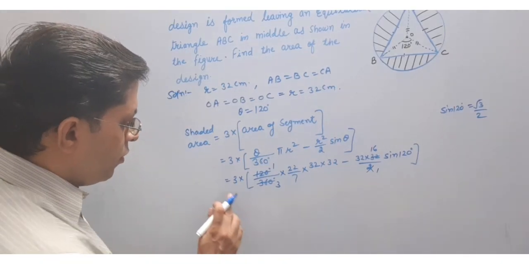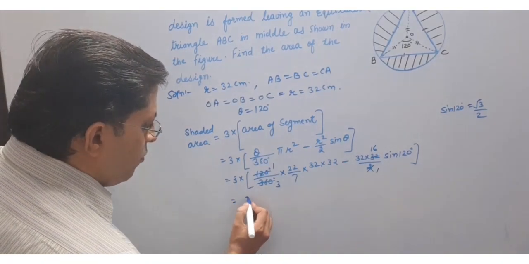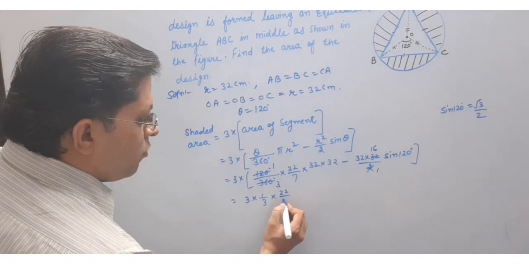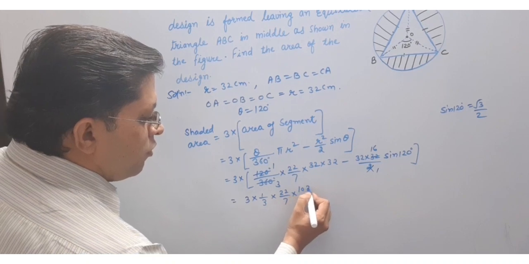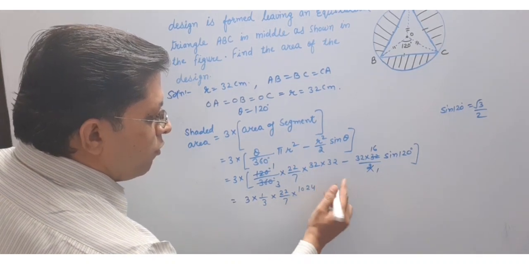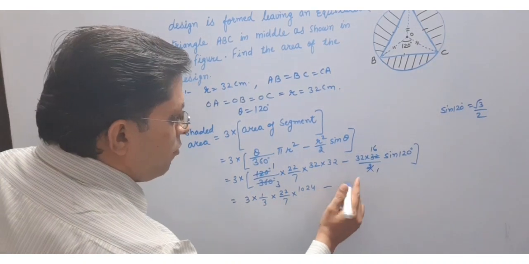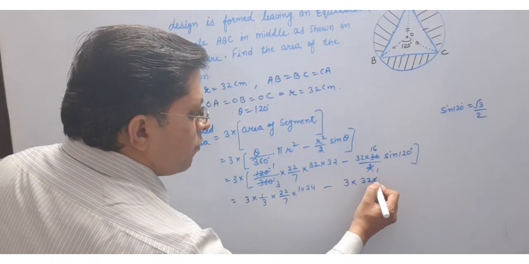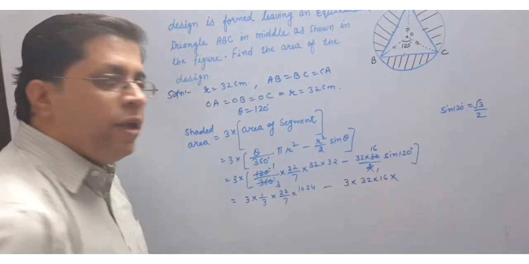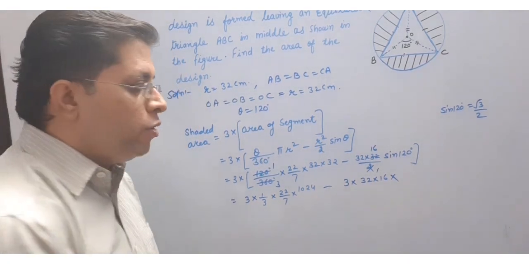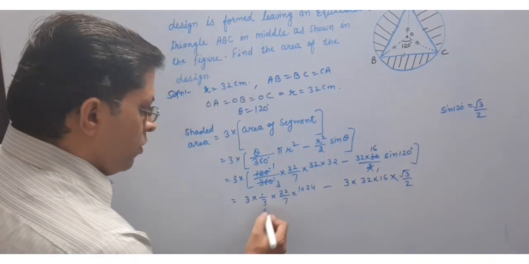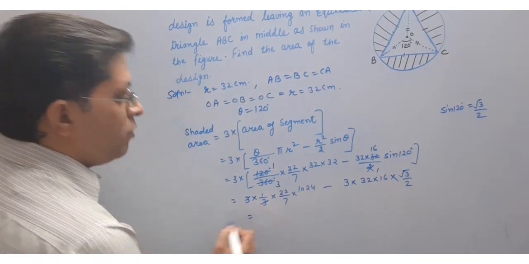Use the distributive property, multiply 3 to both the terms. 22 upon 7 into 1024, since 32 into 32 is 1024. Again multiply 3 here: this is 32 into 16, and sine 120 degrees is root 3 upon 2. The 3s cut.